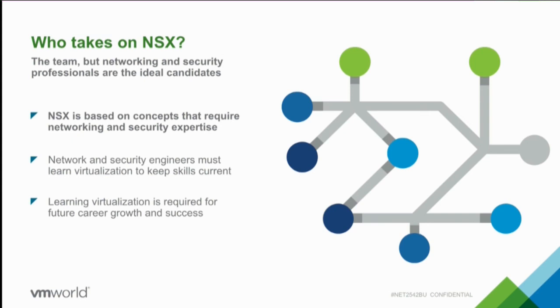So all the investments that you have in your current physical infrastructure can stay. This is not rip and replace of your physical environment to take on NSX. All the networking constructs that you have in your physical environment, such as your stateful firewalls, your switching, your routing, your port mirroring, are still available in the virtual environment, except that it's operationally more efficient to consume and use them, as you have agility and speed within your data center.